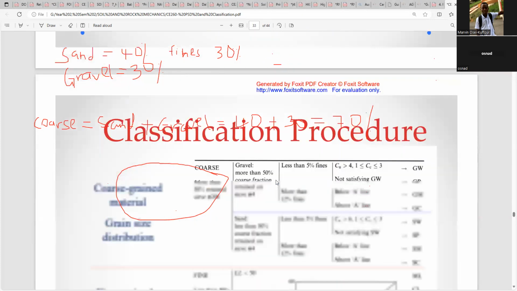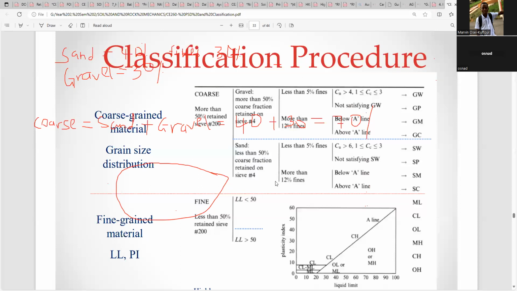Okay, so on the table, I'm going to clean here. So keep the values for me. I might ask for them, or let me just put it somewhere here. So the coarse is 70%.